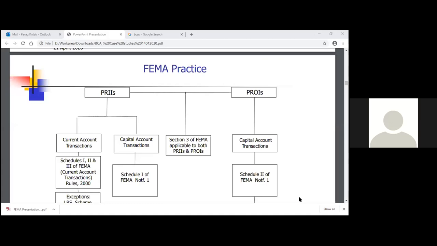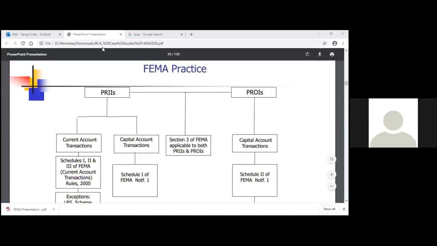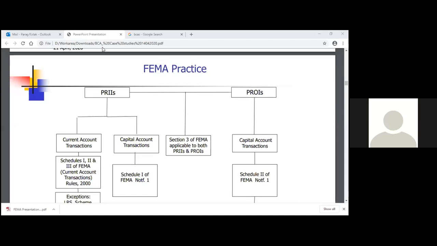So when an individual client or a company approaches in day-to-day practice, they come with various questions. So what will happen on a day-to-day basis? Either a non-resident or a resident will approach you for their transactions. Now, what are those transactions?